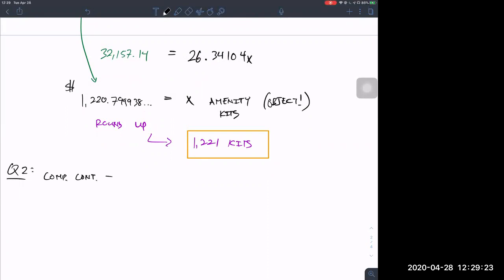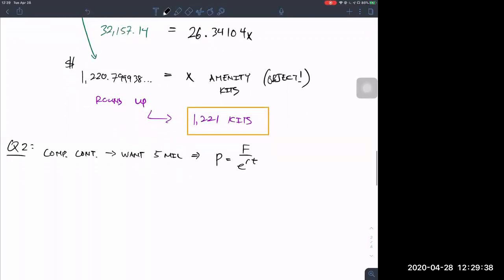And since they told you that you want 5 million, this implies you must be using this one, right? If you want to have 5 million, that's the number they're providing you in your equation. So you can't solve for F if you have F, right?